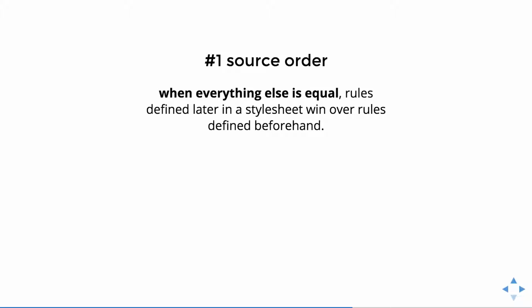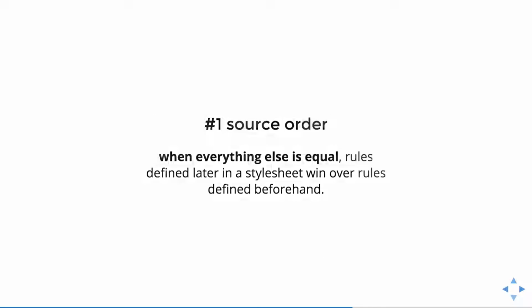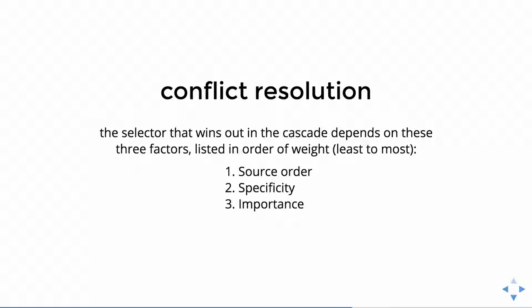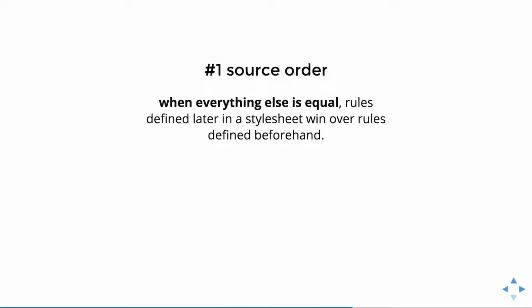Note, this is from least important to most important. So source order is the least important, then specificity, then importance. 1, 2, and 3.